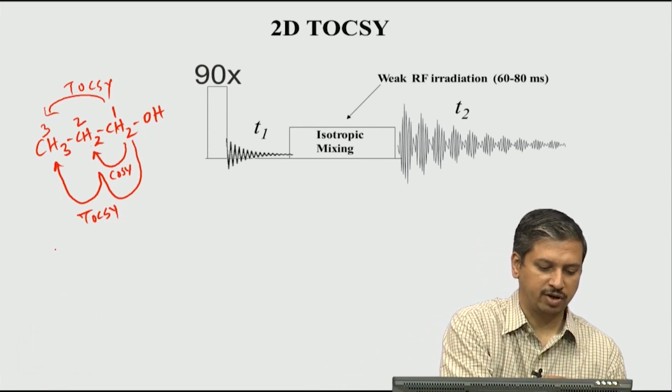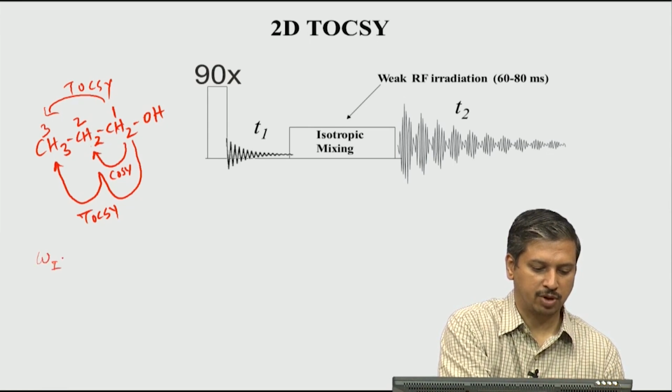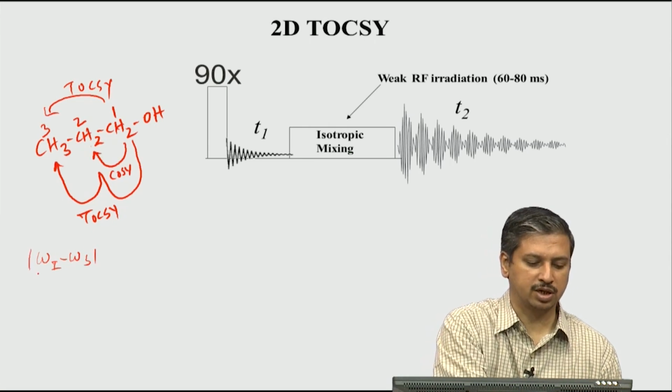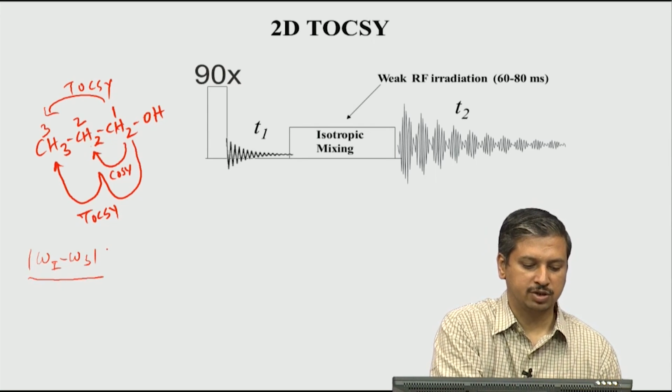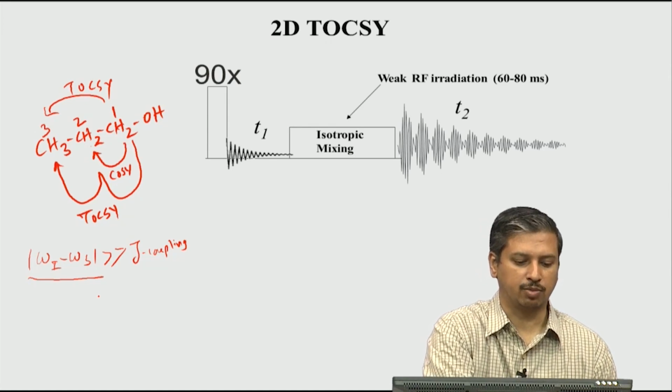Weak coupling we define as follows: let us call the chemical shifts of two hydrogens omega I and omega S. The difference in the chemical shift is much greater than the J coupling. If this happens, we say that the two spins are weakly coupled.